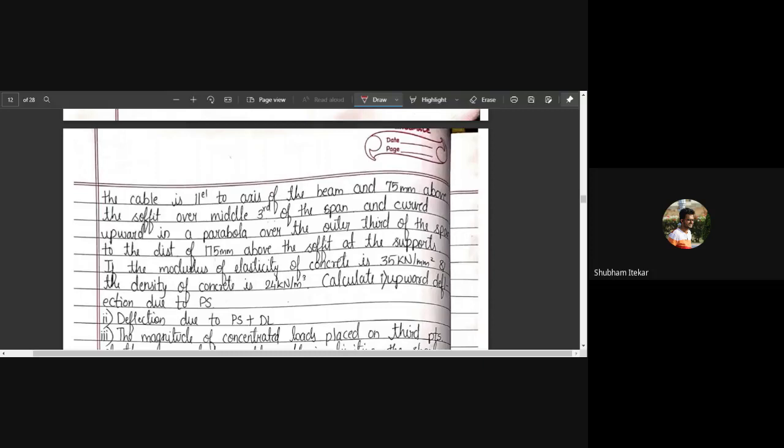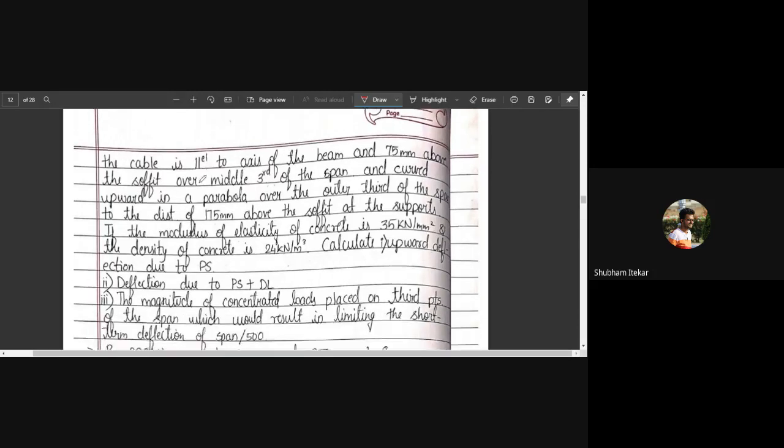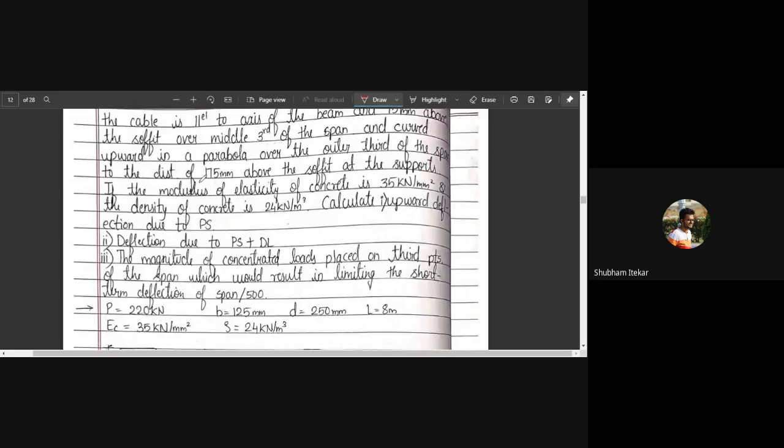If the modulus of elasticity of the concrete is 35 kilonewton per mm square and the density of the concrete is 24 kilonewton per meter cube, calculate the upward deflection due to PS, due to PS plus DL, and the magnitude of the concentrated load placed on the third points of the span which would result in limiting the short term deflection to span over 500. Okay, thank you.